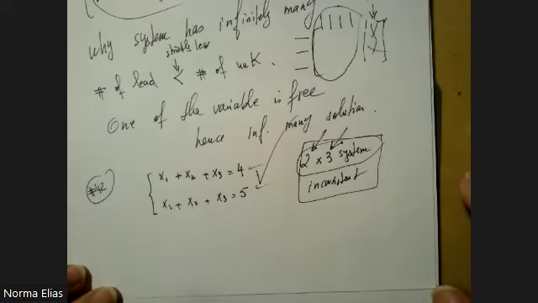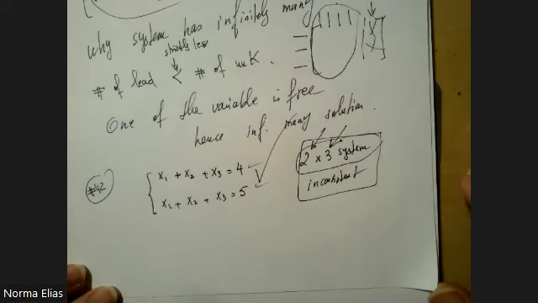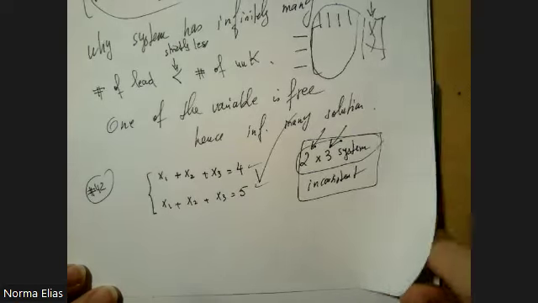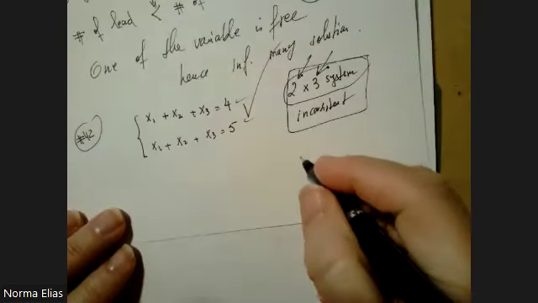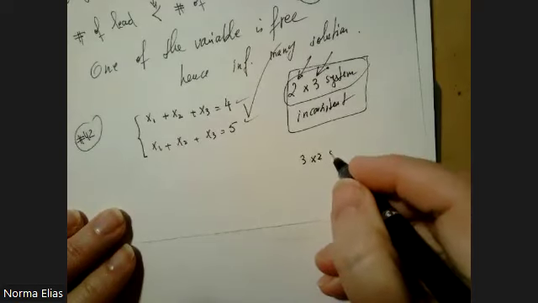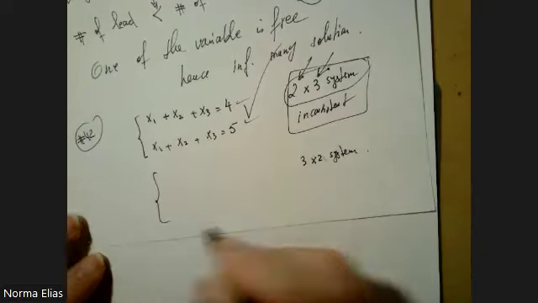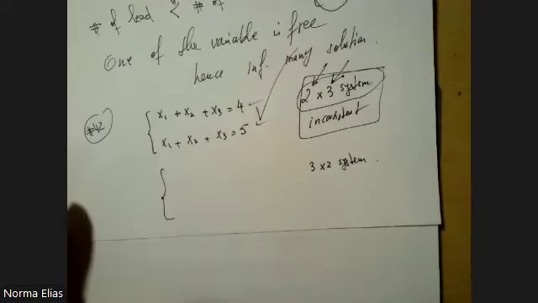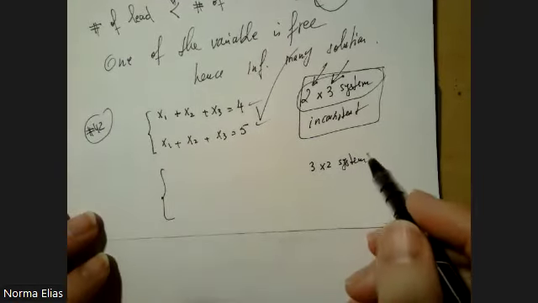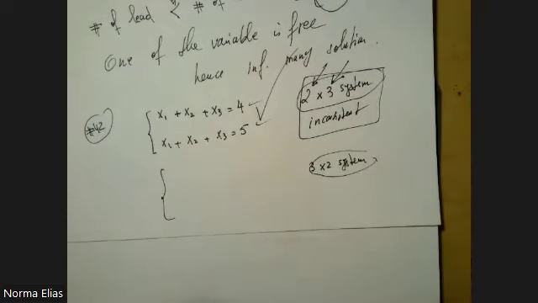Any other questions? What about a 3 by 2 system? Give me 3 equations, 2 unknowns. Who can give me an example of a 3 by 2 system? Okay, a consistent 3 by 2 system.